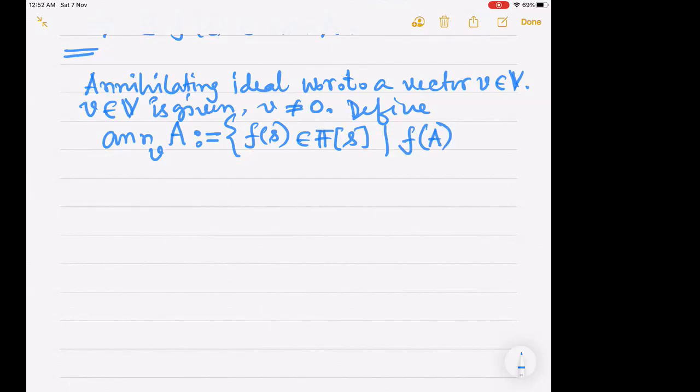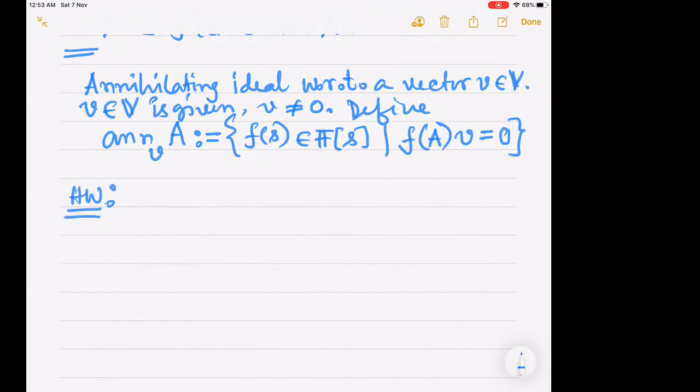All I want is that f(A) annihilates v, that is, f(A) kills v, right? Of course you can go ahead and check that this is an ideal. So homework to you, it could be an immediate attention problem also, very easy to solve.